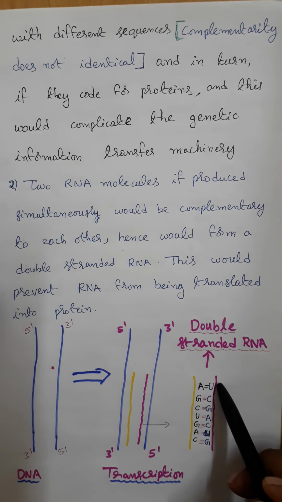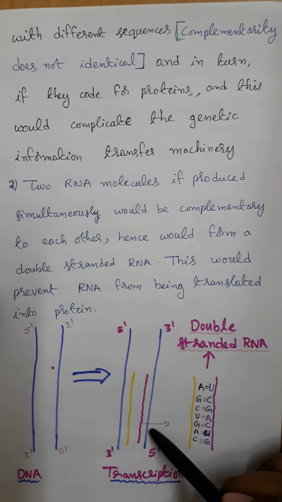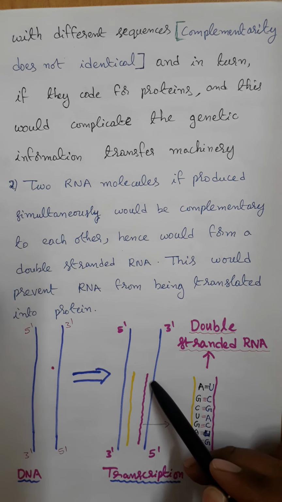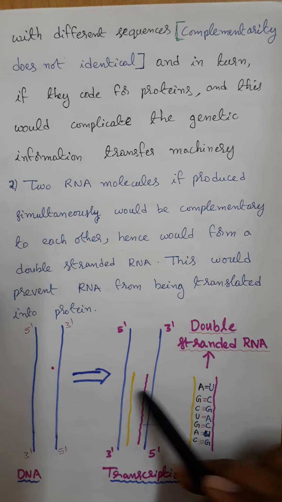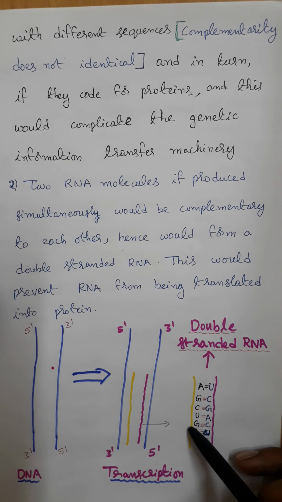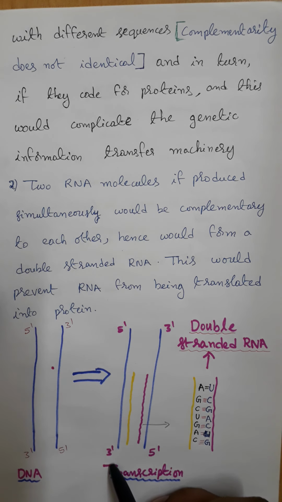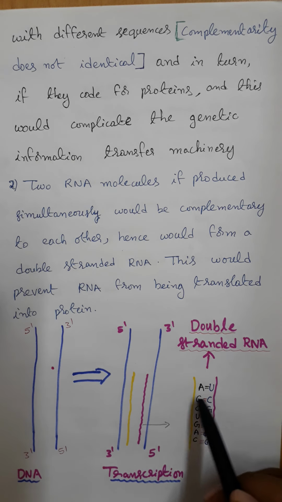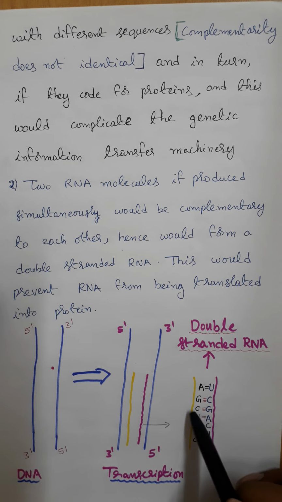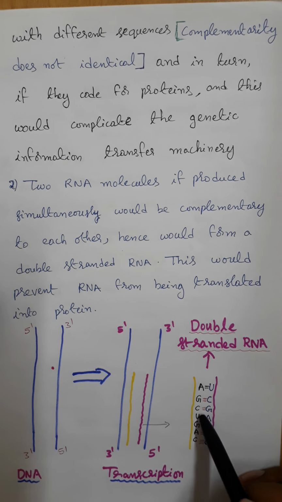Here the RNA strand is synthesized from the 3 prime 5 prime DNA strand. The yellow color RNA strand is synthesized from the 5 prime 3 prime strand. Suppose both the strands code for two RNA molecules, these two RNA molecules are complementary with each other.